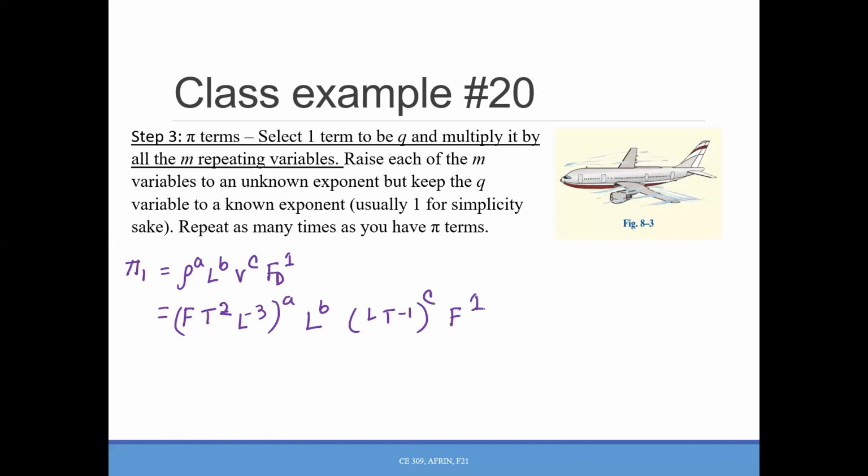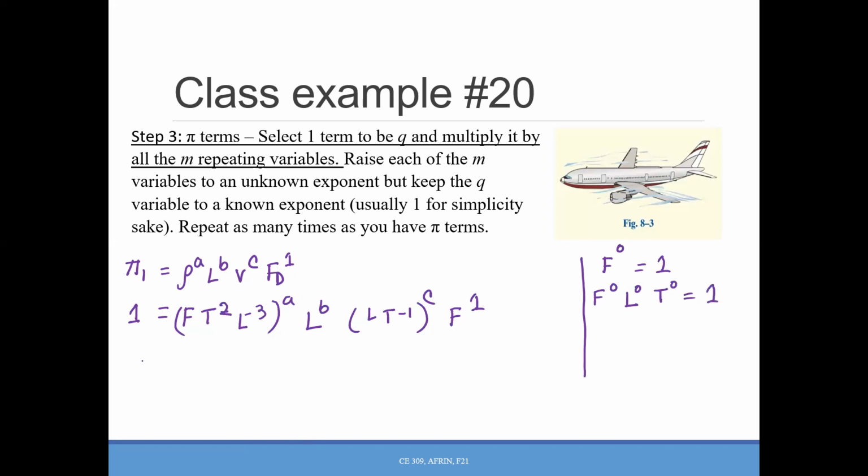And we also know that since this is pi 1, this is non-dimensional, so it's actually 1. And you know that anything to the power 0 is 1. So we can say F^0 L^0 T^0 equals 1 for this part.